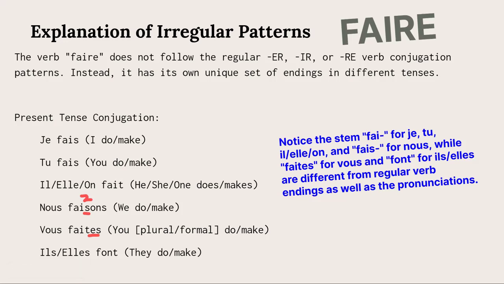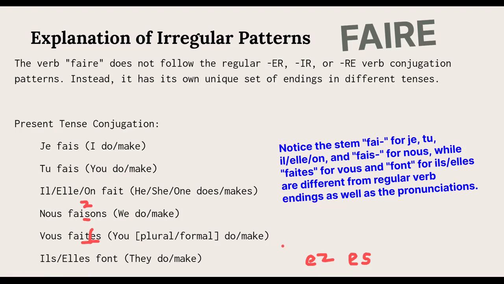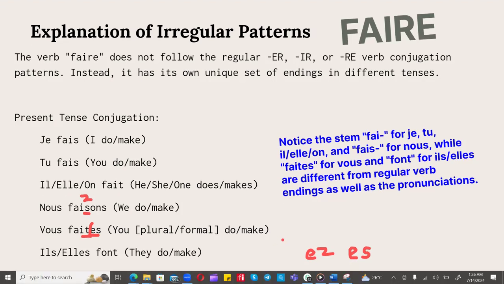This is vous faites, and look, it ends with an S, not a Z. So when conjugating, please don't write a Z. It's pronounced fête, and you stop there in your pronunciation. And the third person plural, ils font, elles font.